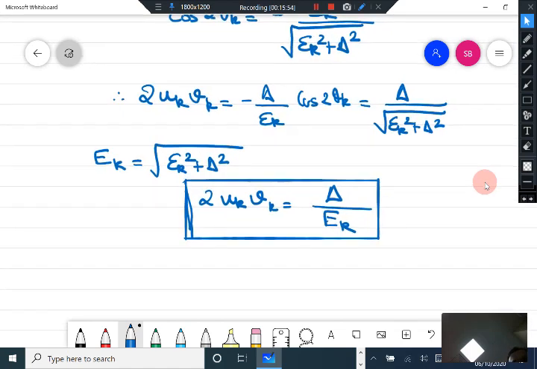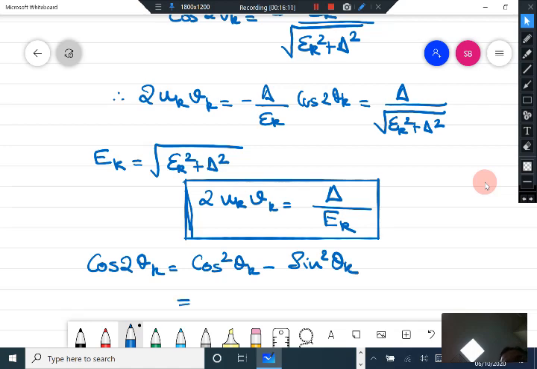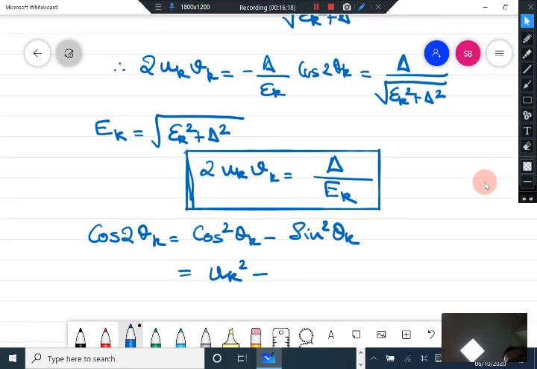Now remember that cos 2 theta k is cos square theta k minus sin square theta k, which is equal to uk square minus vk square.